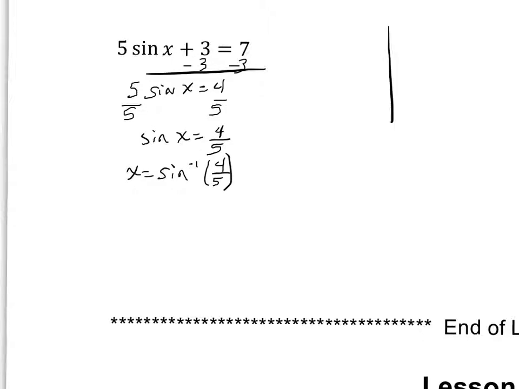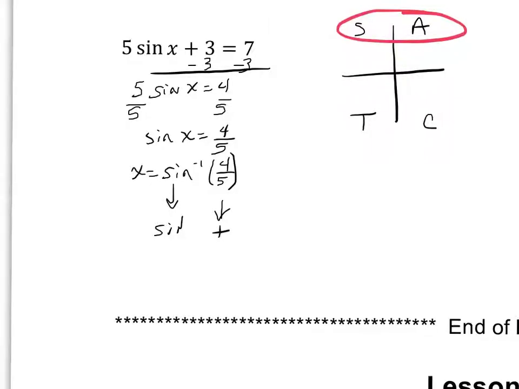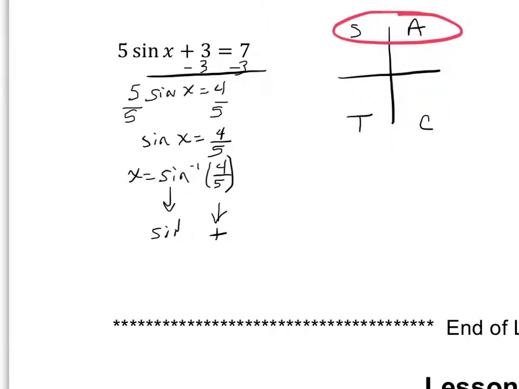Now we're at our decision point, remembering all students take calculus, and we have a positive 4/5, and we're dealing with sine. So we're looking for where sine is positive, and that's going to be in quadrants 1 and 2. So this reference angle that we get is going to be something that's in quadrants 1 and 2.